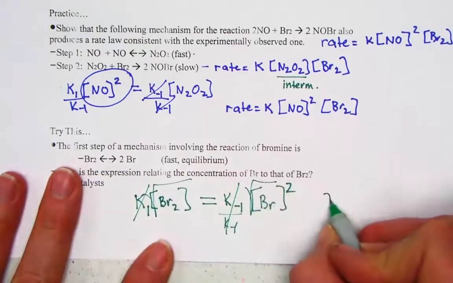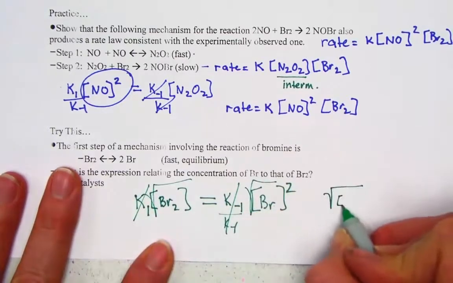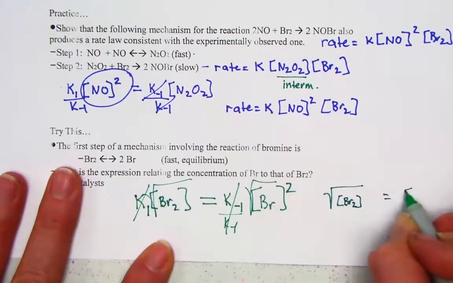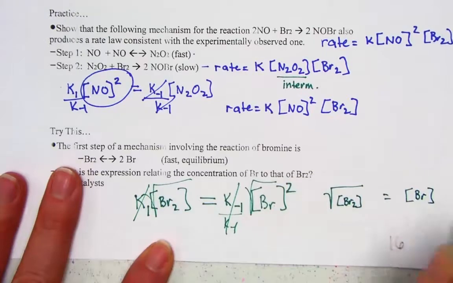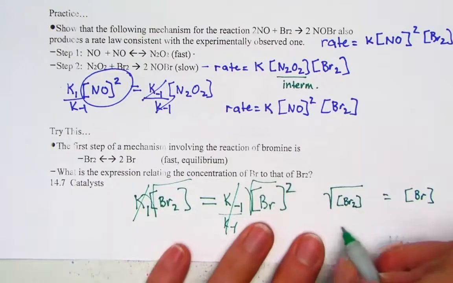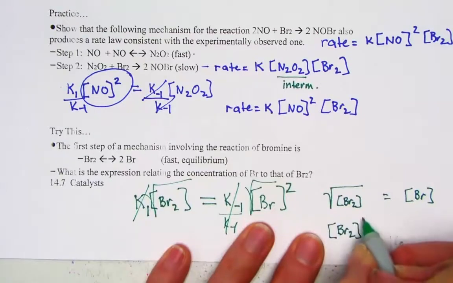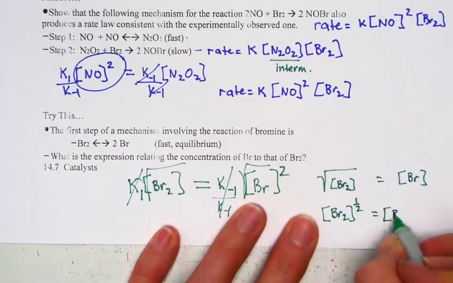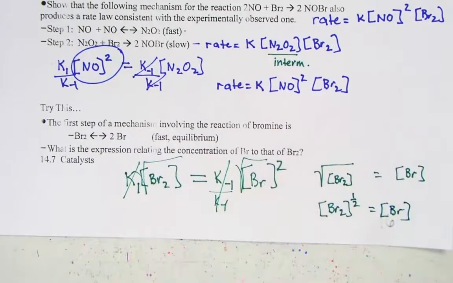So here's what we've just done. The square root of the concentration of Br2 is equal to the concentration of Br. We've gotten rid of the squared by simply taking the square root of both sides. However, you really don't see a square root in a rate law, so instead you see that raised to the 1/2 power. Br2 to the 1/2 is how we see a square root written, equal to the atom's concentration of bromine.